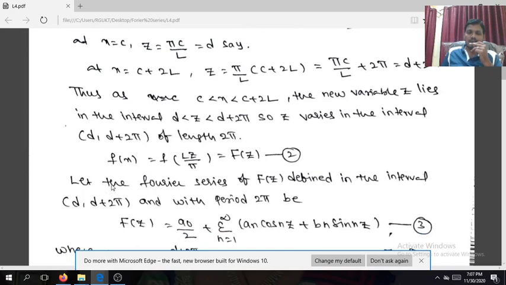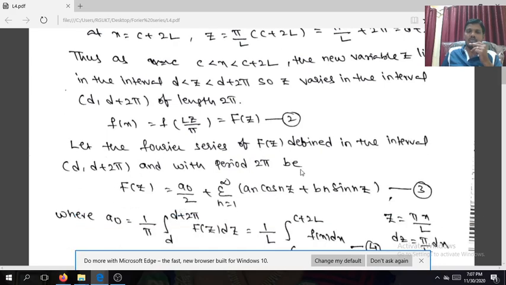Let the Fourier series expansion of f of z, by using the previous concepts, defined in the interval d comma d plus 2 pi with period 2 pi be: capital F of z equals a naught by 2 plus summation n equals 1 to infinity a n cos nx plus b n sin nx. Instead of x, the variable here is z. Why? I have taken one new variable z to convert c to c plus 2l as d to d plus 2 pi.